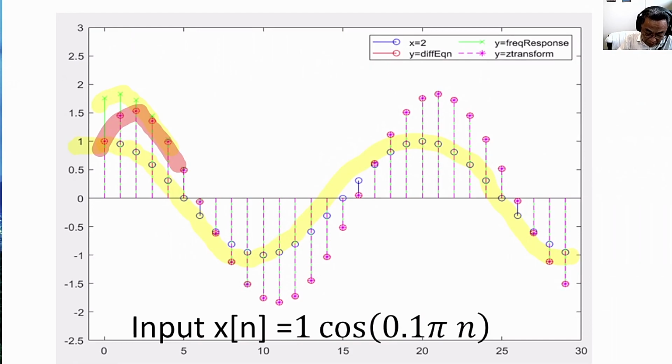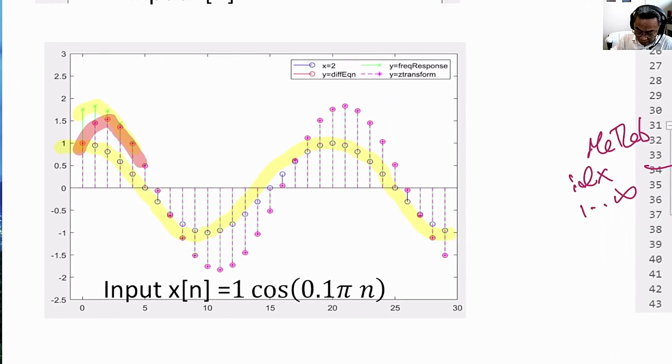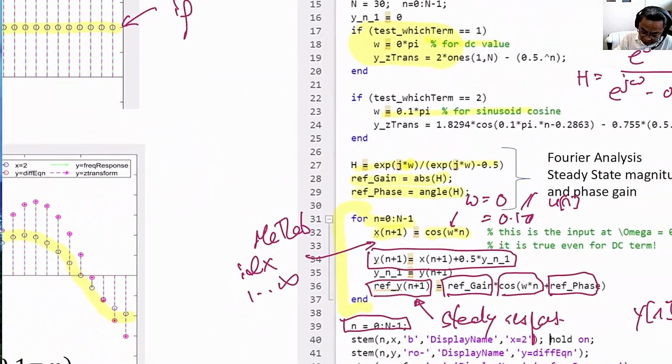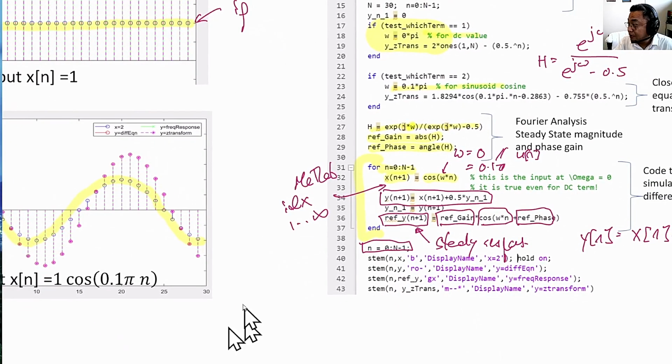So in the beginning, the red and the green bars here don't meet because the transient has not died down yet, but after maybe 5-6 samples, both the green bars and these circles meet and they become the same. Go ahead and see how I have plotted these 4 figures and where they came from.